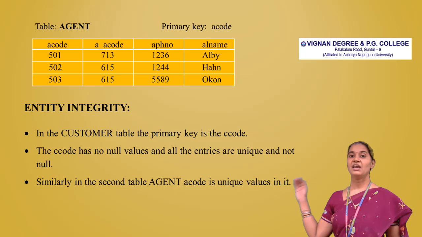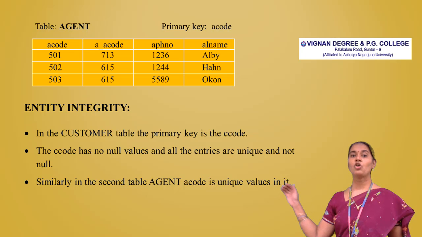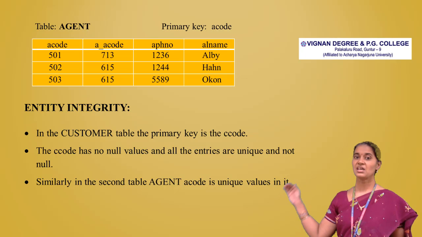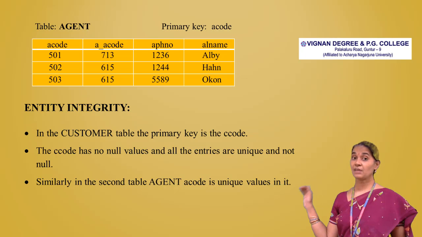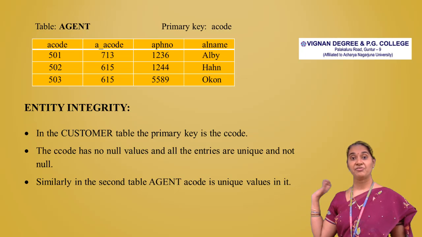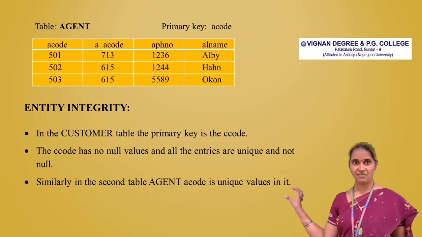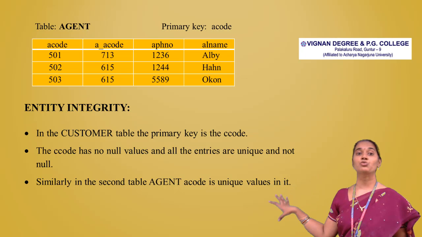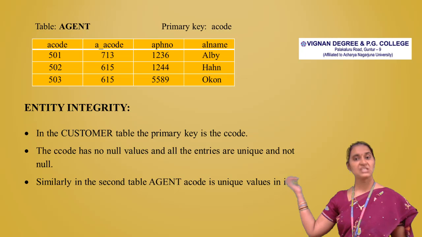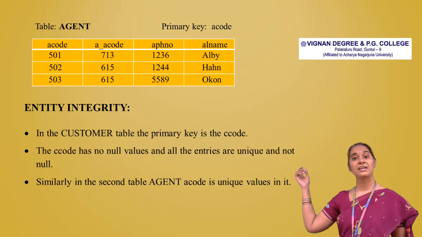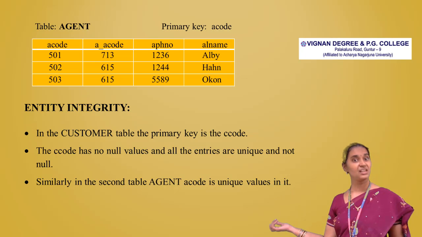In a similar way, in the agent table, A code is the primary key, because it also maintains unique values and does not contain any null values. If we are able to define a primary key for the respective tables in that way, then those tables are said to be maintaining entity integrity. In the customer table, C code is the primary key, and it maintains uniqueness and does not have any null values.